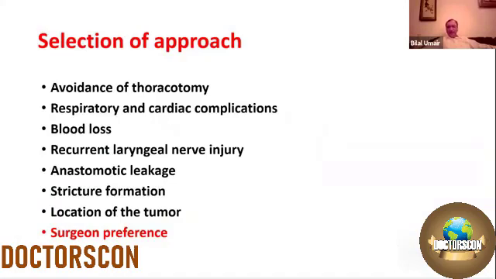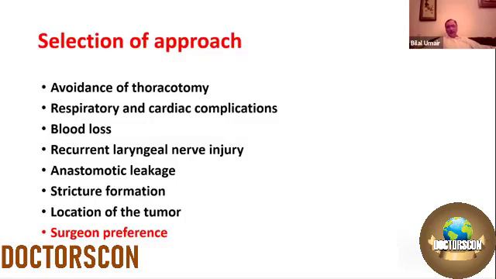Each one cites almost similar advantages and disadvantages, and people would mostly base their decision on avoidance of a thoracotomy as in Orringer, so that you do away with the respiratory complications and the pain part of it.